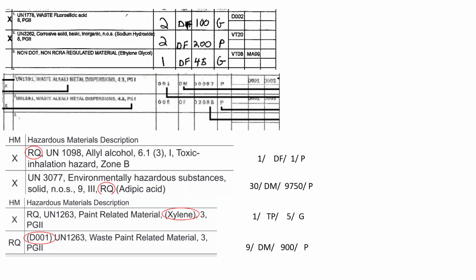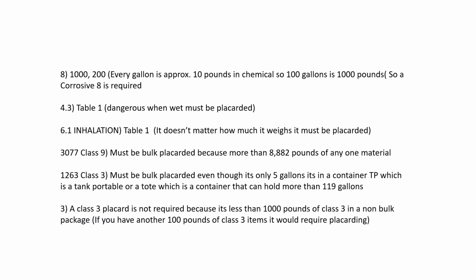And then lastly, we have 1263 again, Class 3. And this one is going to be 9 drums metal at 900 pounds. Now, a Class 3 placard is not required because it's less than 1,000 pounds of Class 3 in a non-bulk package. If you have another 100 pounds of Class 3 items, it would require placarding. Now here's the kicker.